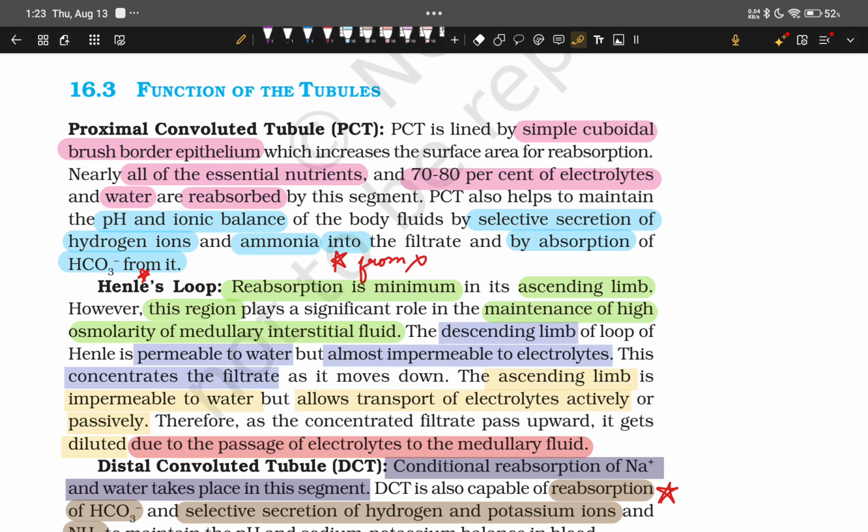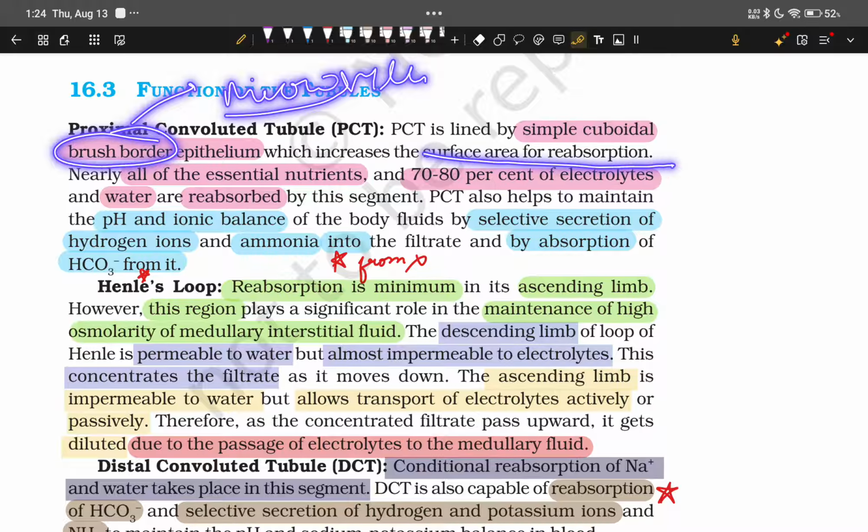And then we have the function of tubules. Here we are going to specifically talk about each and every reabsorption and secretion by each part of the nephron. The proximal convoluted tubule is lined by simple cuboidal brush border epithelium. Why brush border? Brush border means it has microvilli, and microvilli are important for reabsorption.